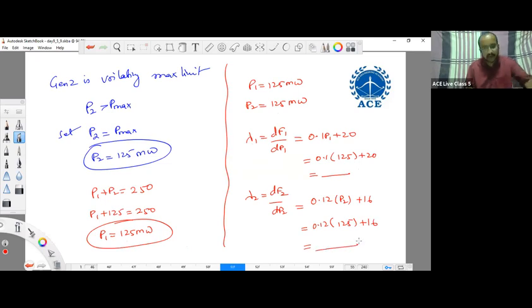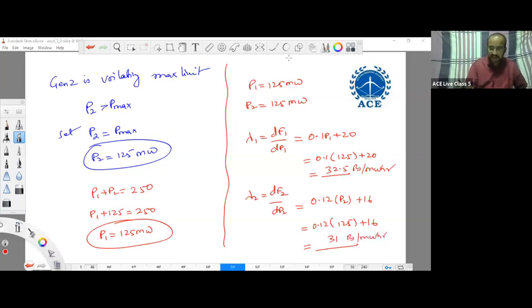Calculate lambda 1 and lambda 2 and post the answers. Lambda 1 and lambda 2 are 32.5 and 31. So 32.5 rupees per megawatt hour and 31 rupees per megawatt hour.